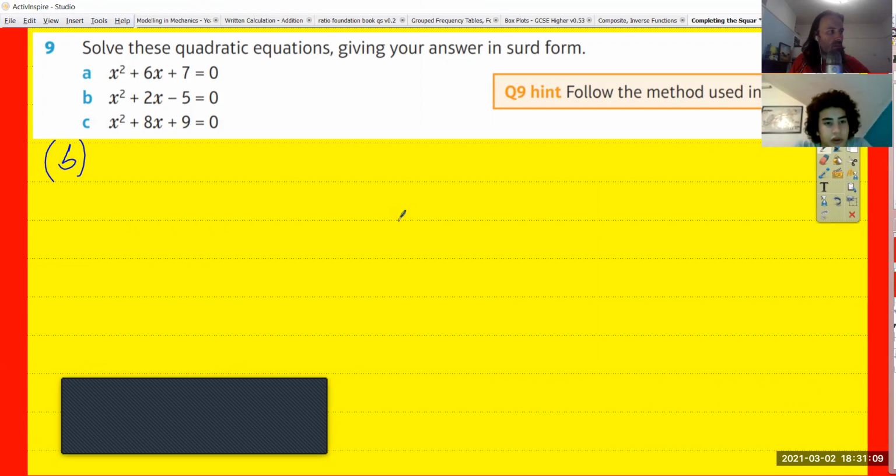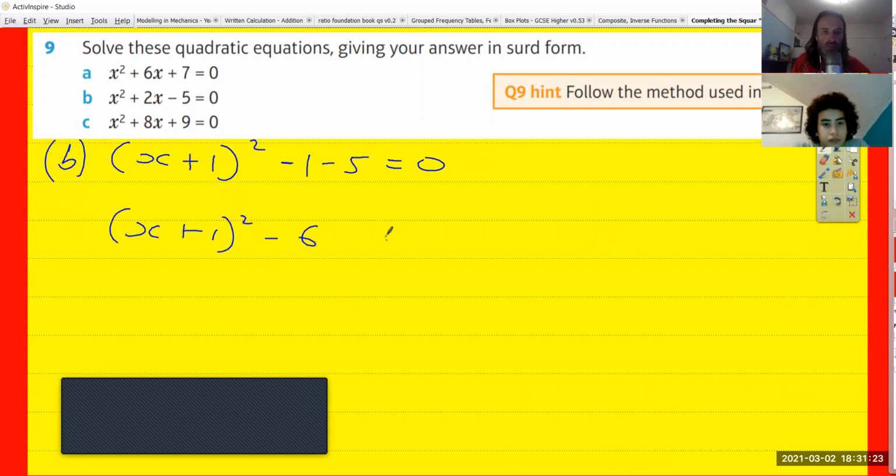X plus 1 squared minus 1 minus 5 equals 0. X plus 1 squared minus 6 equals 0. X plus 1 squared equals 6.